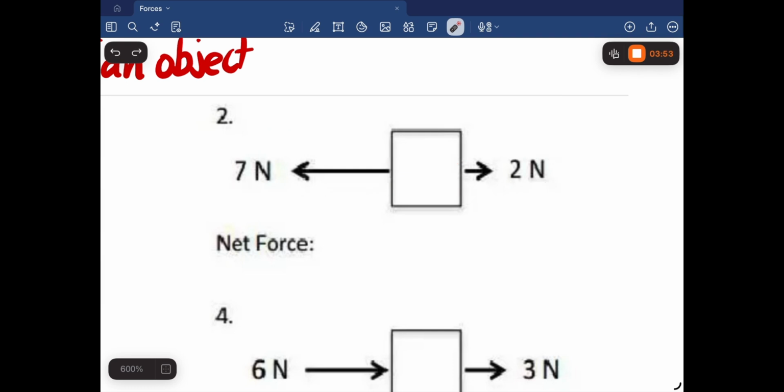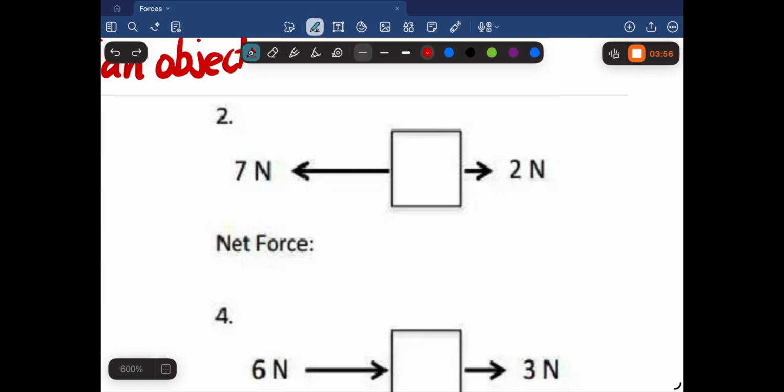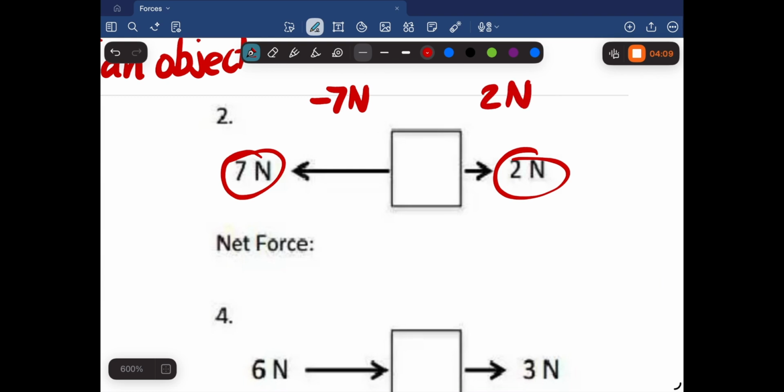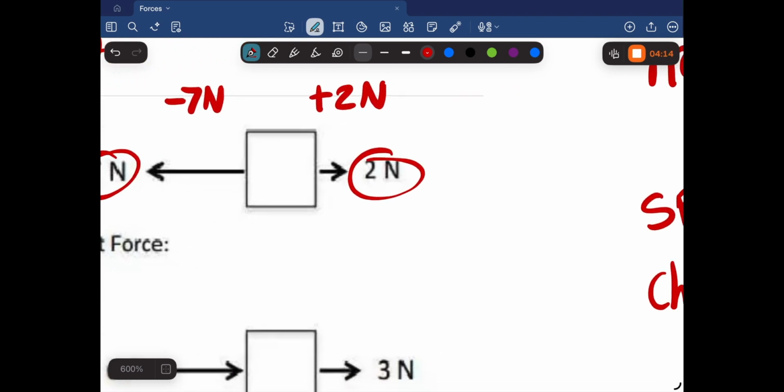So what we do here, we are going to do 7N and 2N. Now remember, if it's going to the left, it's negative, so this is actually negative 7N. And then we have 2N going to the right, so that's positive. So what we do, negative 7 plus 2, this would be negative 5.